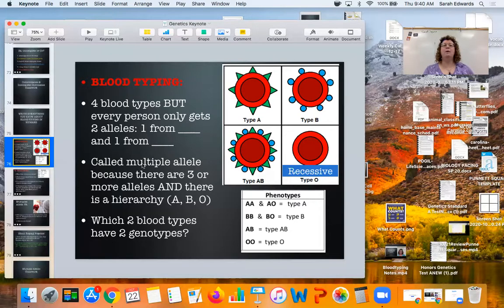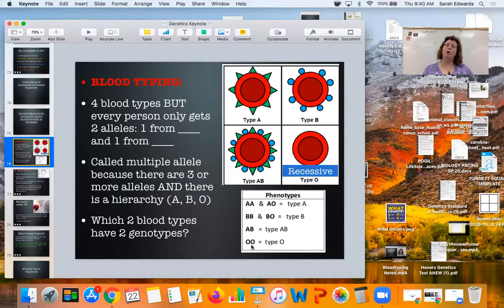Now, it's called multiple alleles also because there is a hierarchy. So both A blood and B blood are dominant. So if you have 1 A allele from one parent and 1 B allele from another parent, you have type AB blood. They are both dominant to each other.